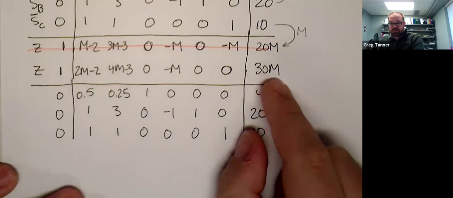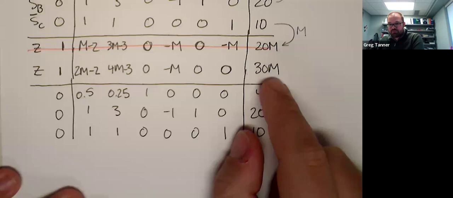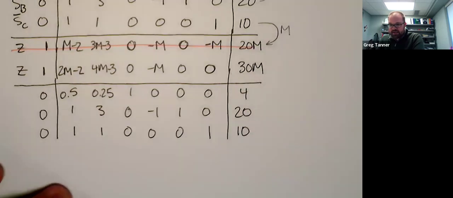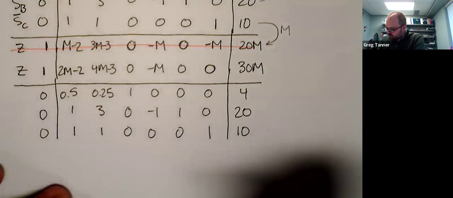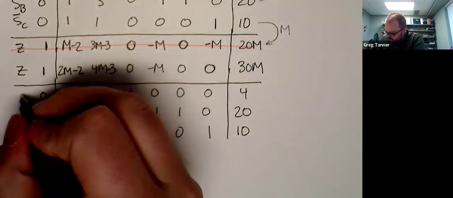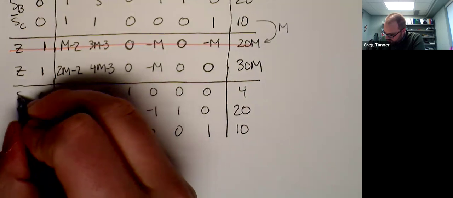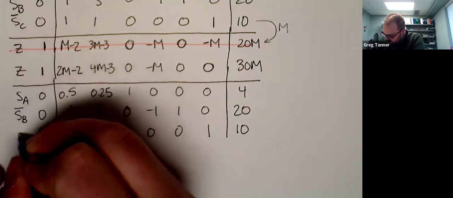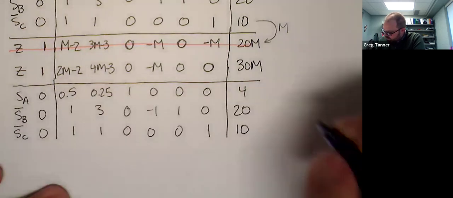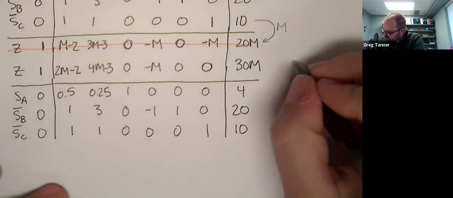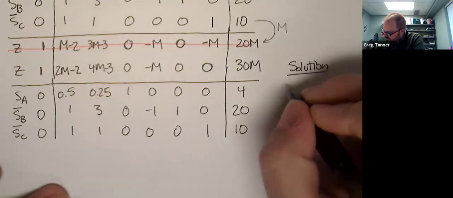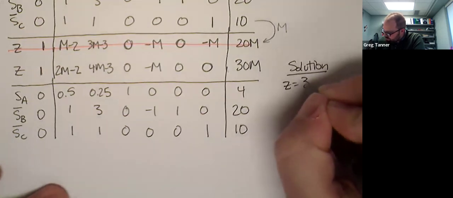This is also our first minimization problem, so we should talk through the changes that are there. But before we get into that, what is our current solution? Our basis variables are still SA, SB bar, and SC bar. And so our solution at this step is Z equals 30M.